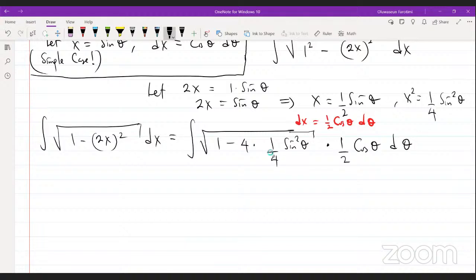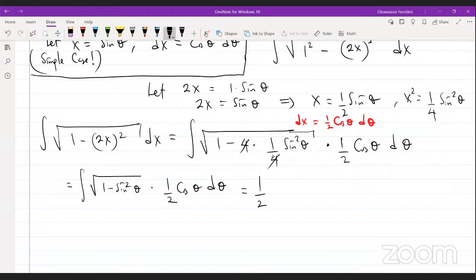So let's see what happens now. You can back up one second and see that we're actually in the right part. This takes off that, so I'm left with the integral of the square root of 1 minus sine squared theta, and remember I still have this factor. 1/2 is a constant, so I can pull it up front.